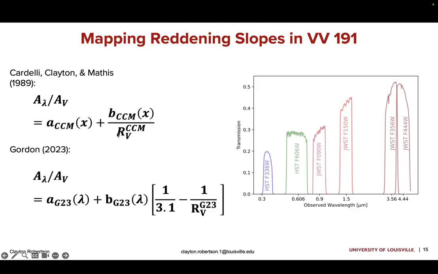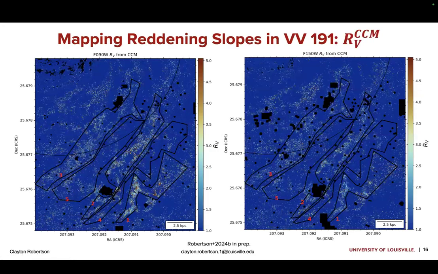And so we can map out the reddening slopes as long as we have maps of attenuation. We can map out reddening slopes at the smallest scales because we have attenuation maps at the smallest scales themselves. And this is what we did right here. The restrictions of Cardelli, Clayton, and Mathis only allow us to do 0.9 micron and 1.5 micron.